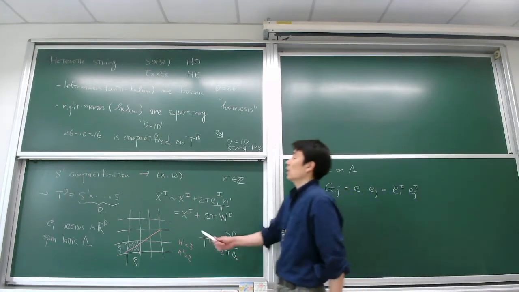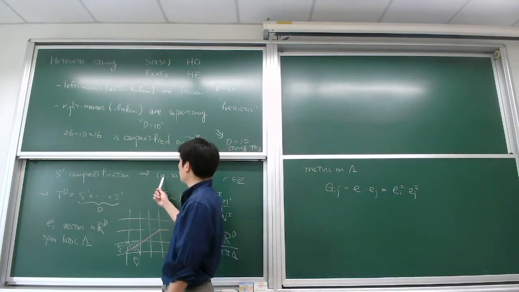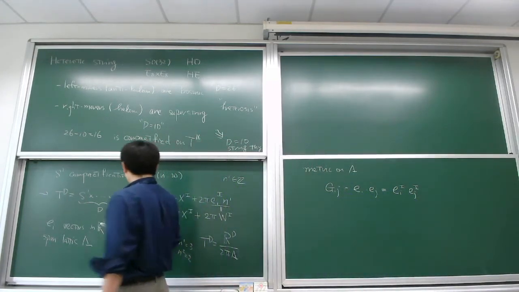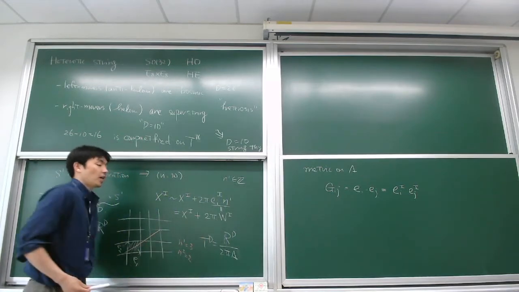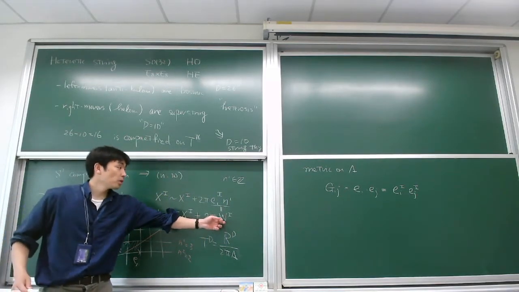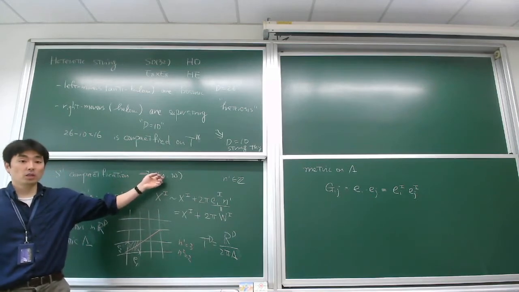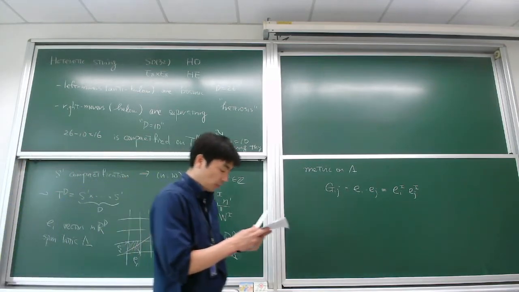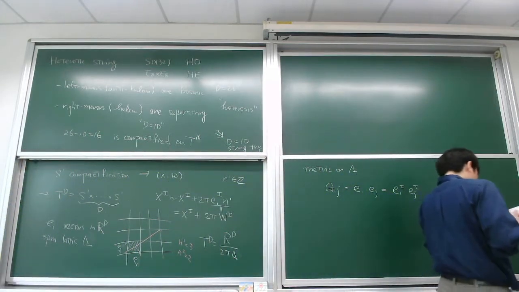So in the S1 compactification we have the Kaluza-Klein momentum and the winding number, and this capital W is the higher dimensional version of the winding number. So we also need a higher dimensional version of the Kaluza-Klein momentum, which is a dual lattice.